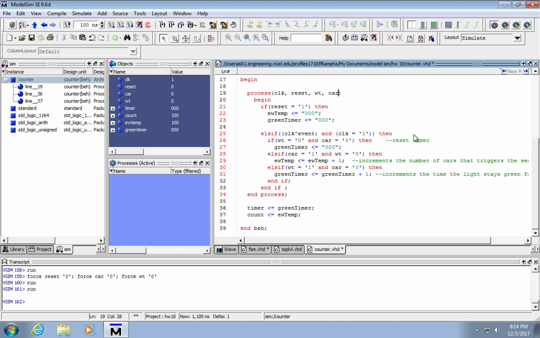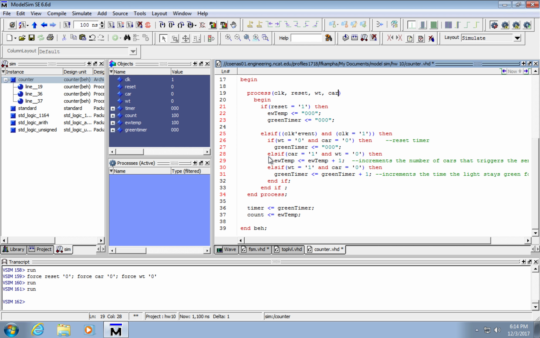This basically allows the timer to reset, so here green timer is equal to 0. The reason we want this timer to reset is because we don't want the last value to be saved when the timer is being disabled from the finite state machine. Each time it turns green, we want it to start from 0 and count up to 3, which is the max amount of time that we're allowing the light to remain green for east-west.